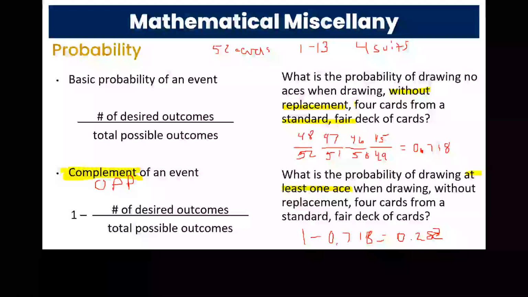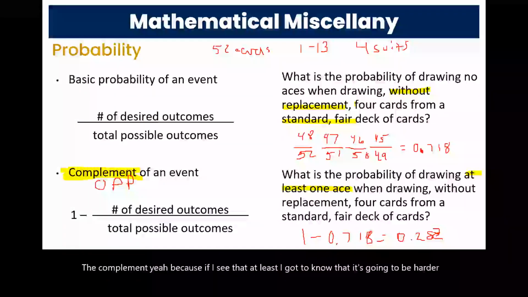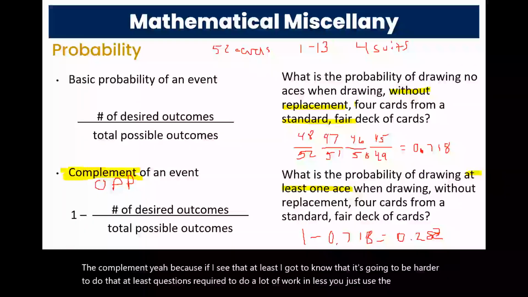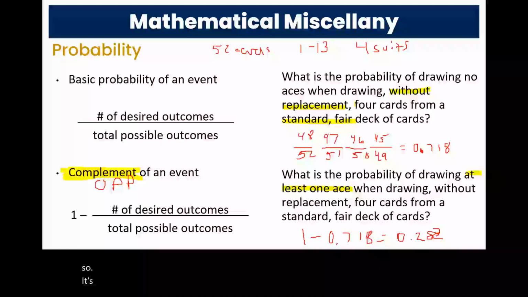The complement. Yeah. Because if I see that "at least," I got to know that it's going to be harder to do that. "At least" questions require you to do a lot of work unless you just use the complement. So it's a pretty good thing to pay attention to.